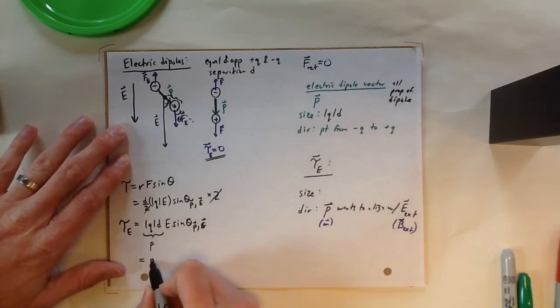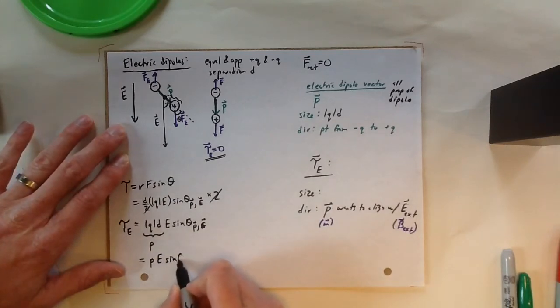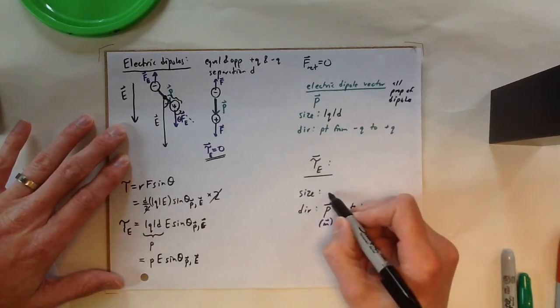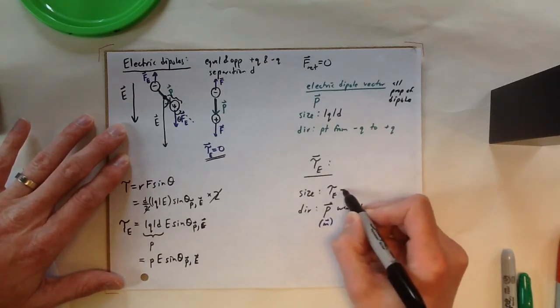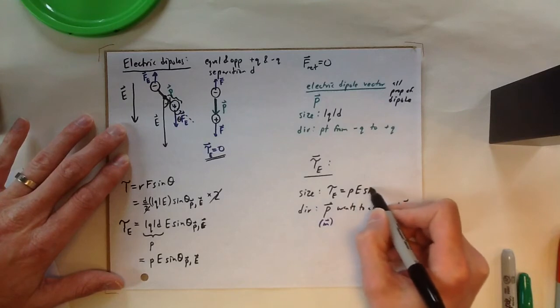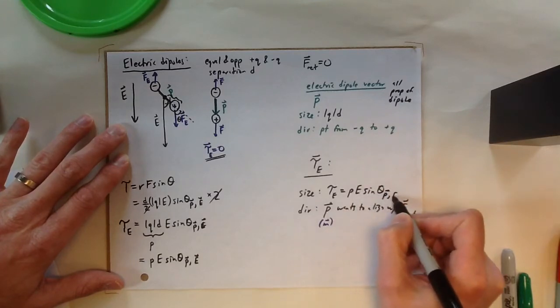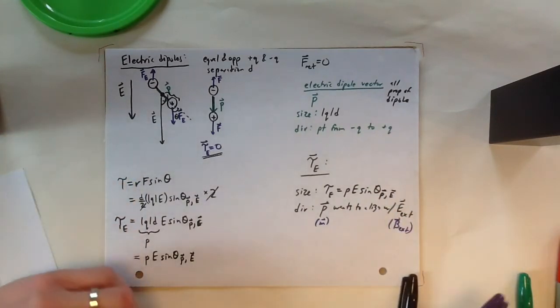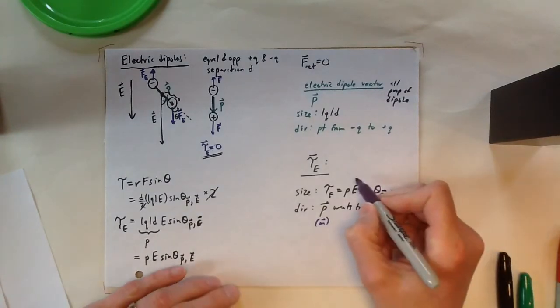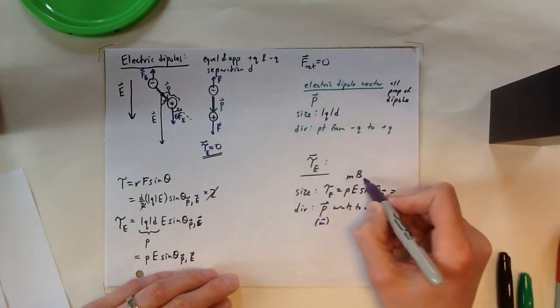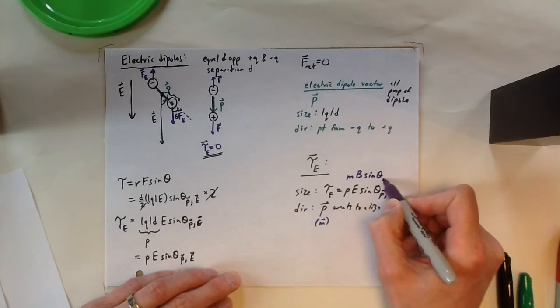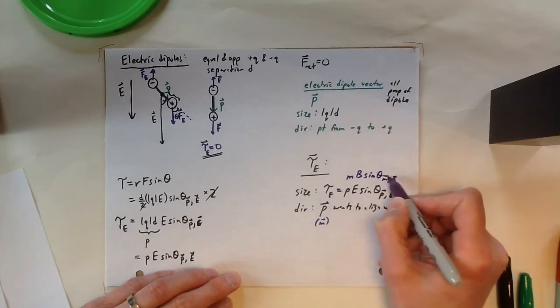And then look at my formula. It comes out in exactly the same form as previously. The torque will be p E sine of theta between those two. And if that looks a heck of a lot the same as m B sine of theta, well, that's because we basically made that happen.